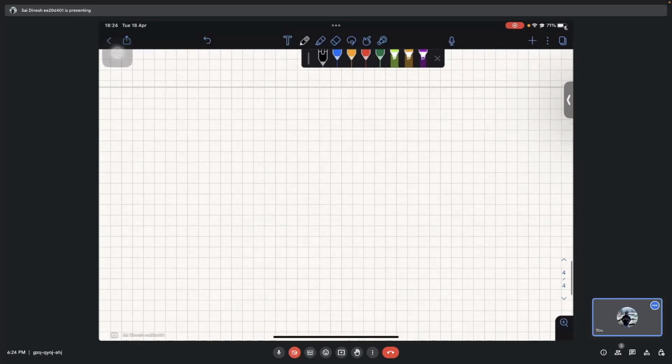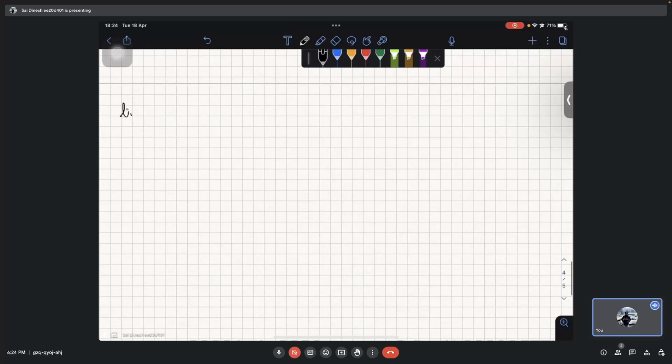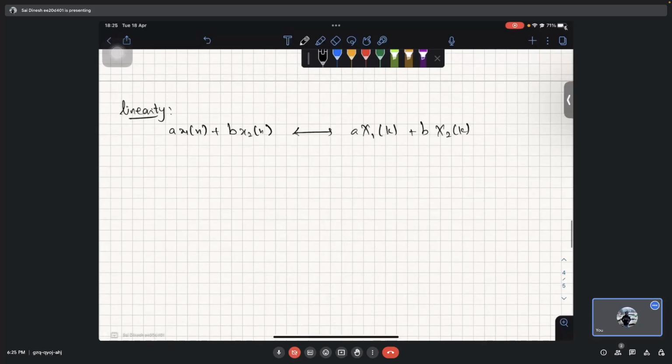Okay, so next, linearity, which is a times x1 of n plus b times x2 of n will give a times X1 of k plus b times X2 of k.